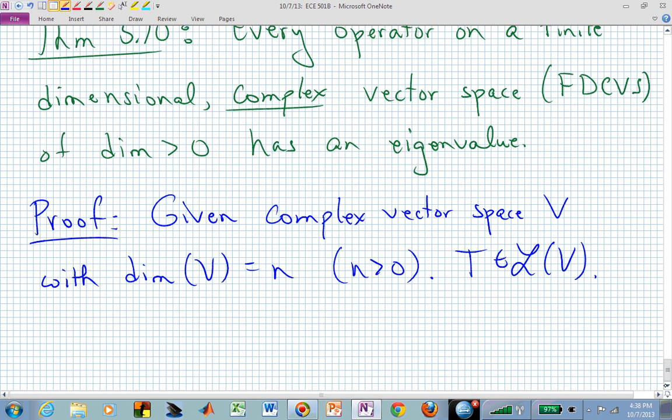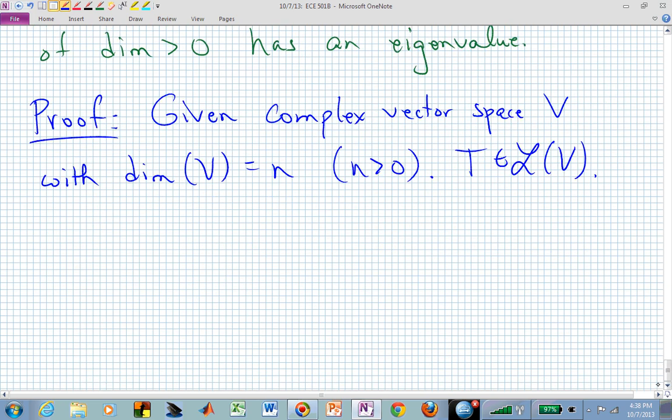And now we have this operator T living in that finite dimensional complex vector space. Once we have that, let's go ahead and choose a vector in that vector space. So let's choose a little v in our vector space, and let's assume that that vector is non-zero.